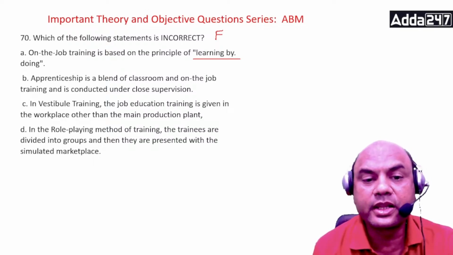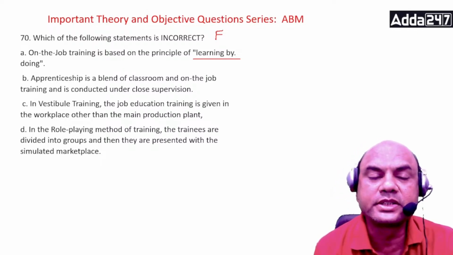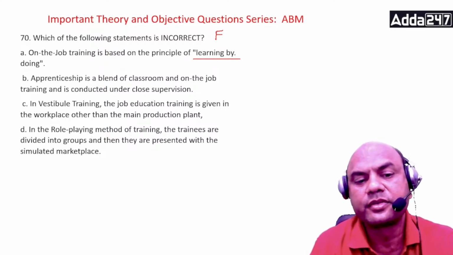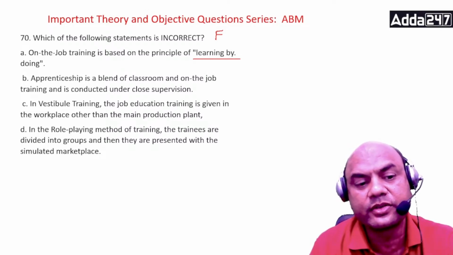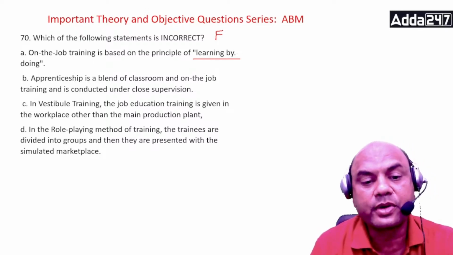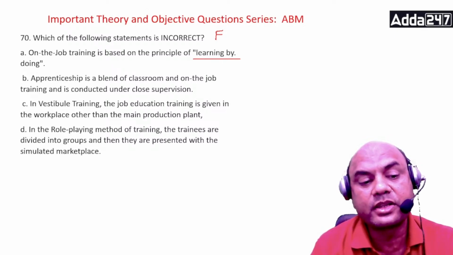Here, on the job training, learning by doing. Apprenticeship is a blend of classroom and on the job. Vestibule means this is similar to the training given on various new projects, so training is given at a different workplace. In the role playing method of training, the trainees are divided into groups and then they are presented with the simulated marketplace.